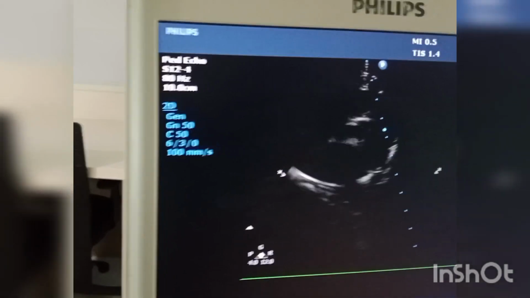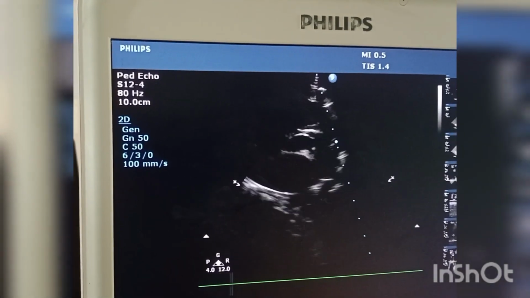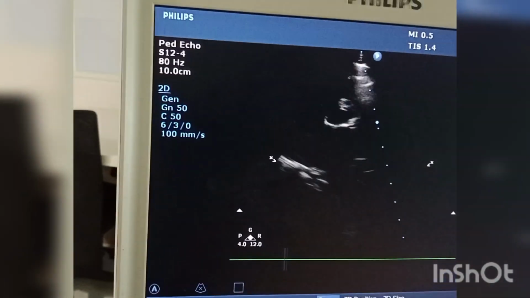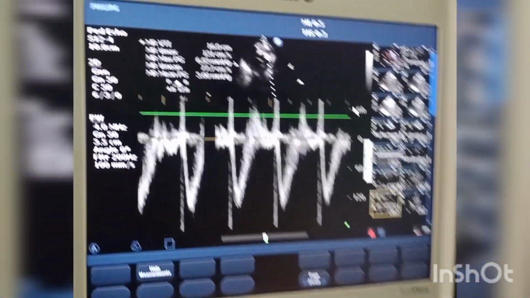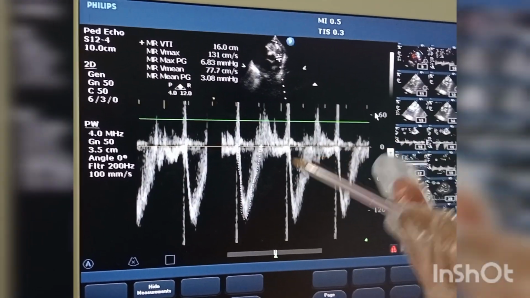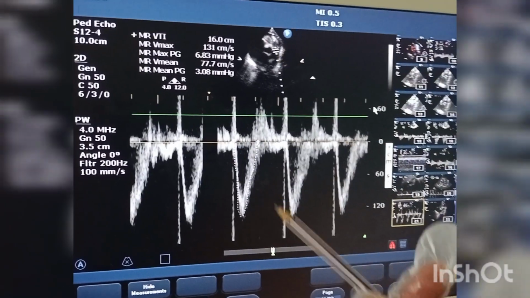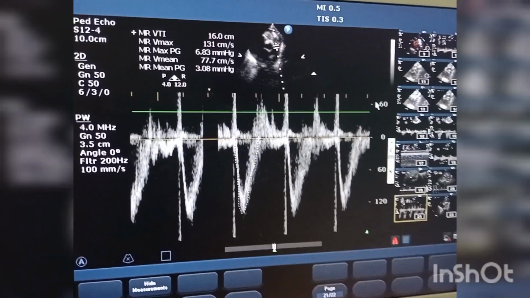Then see what I did. I just kept my cursor here just below the pulmonary valve. This is the velocity time integral. So I kept the marker just below the pulmonary valve and got 16 centimeters.